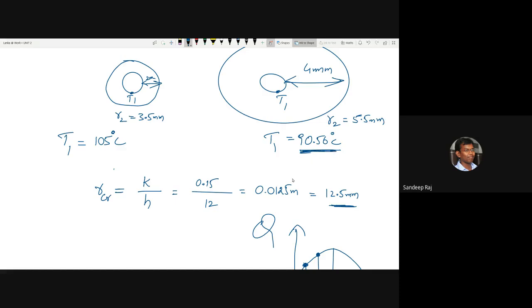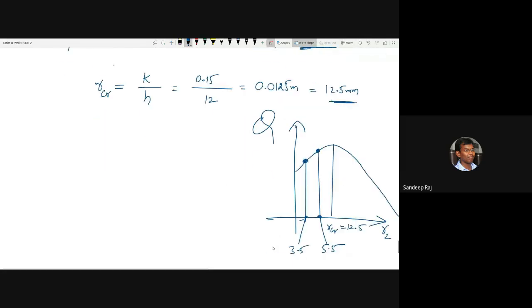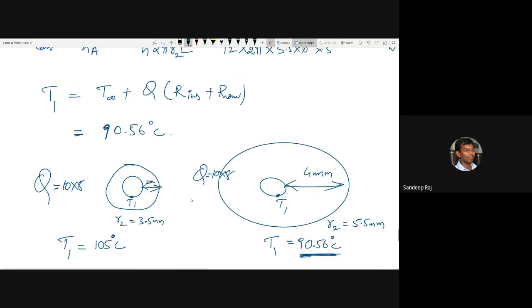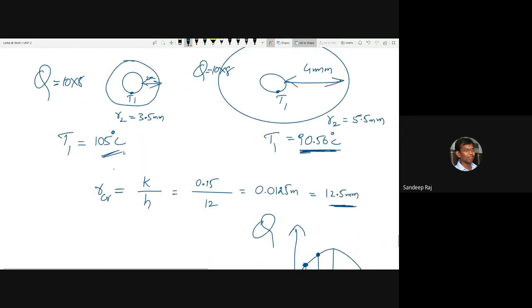That's the point. See, here in this problem, basically Q is the same. It is 10 into 8 here as well. That's why you may not exactly apply this particular concept to this, but this can be understood from the temperatures here. The temperatures are 105 and 90.56. Okay, so from this, I can conclude one thing very clearly.